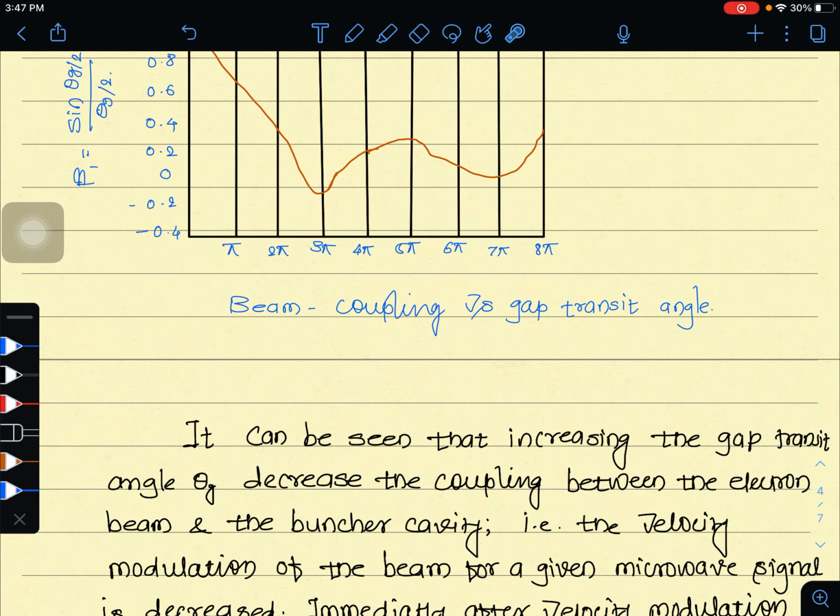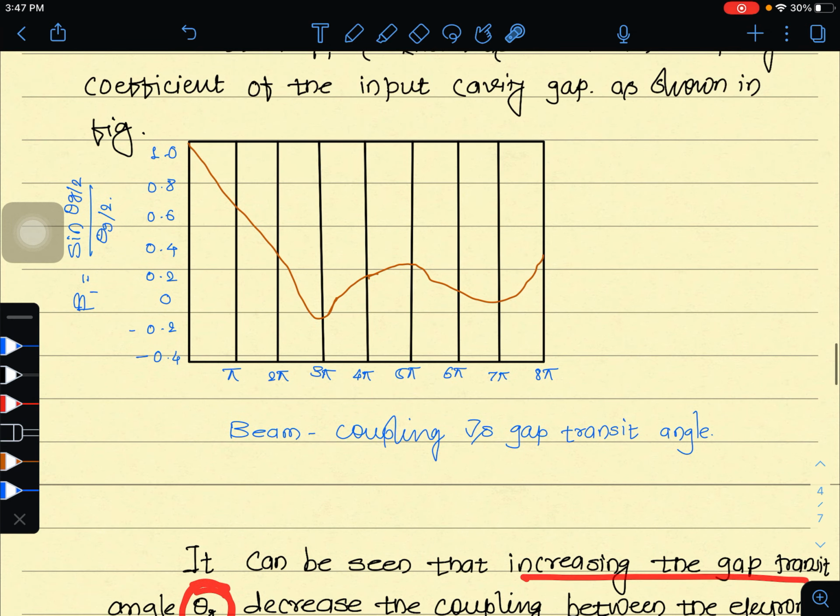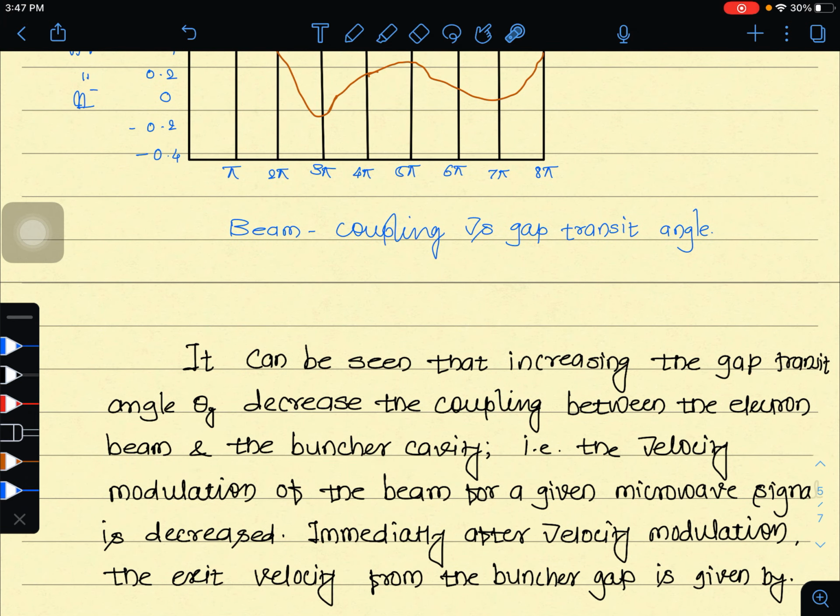It can be seen that on increasing the gap, the gap transit angle theta g increases, and the coupling between the electron beam and the buncher cavity decreases. Look at this diagram.